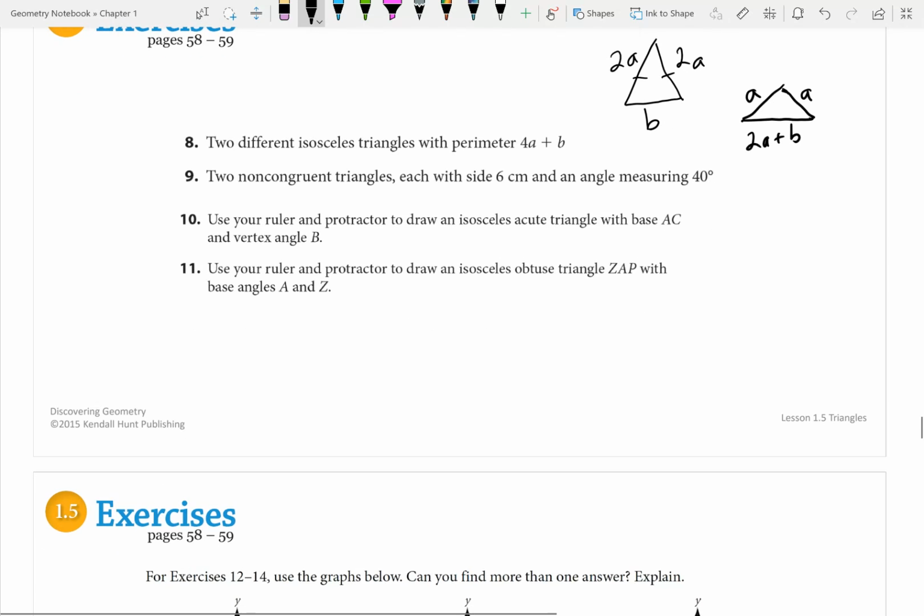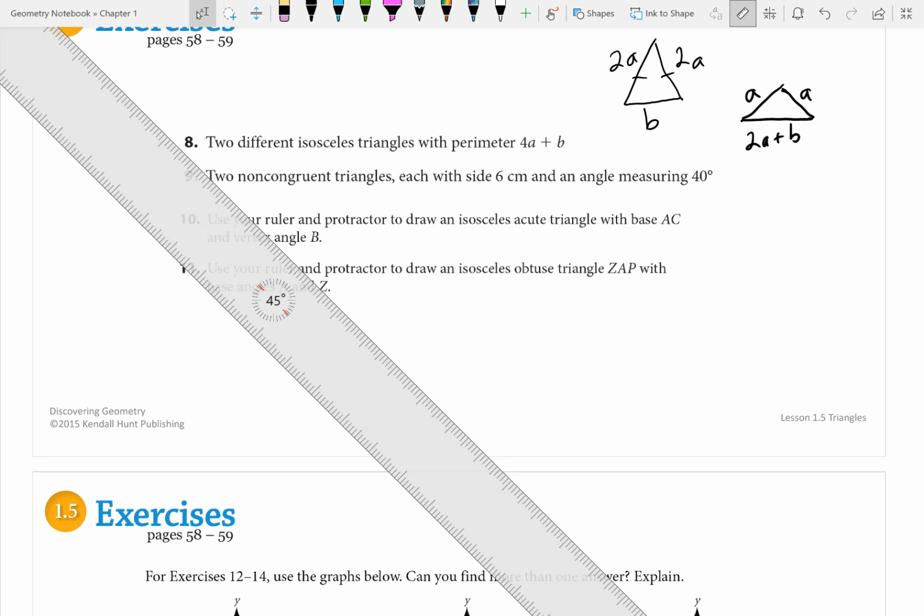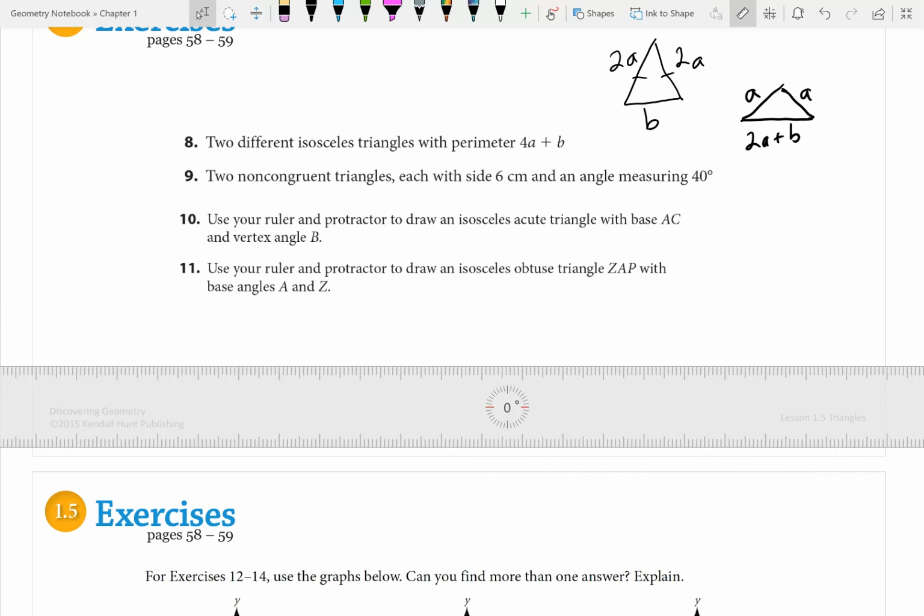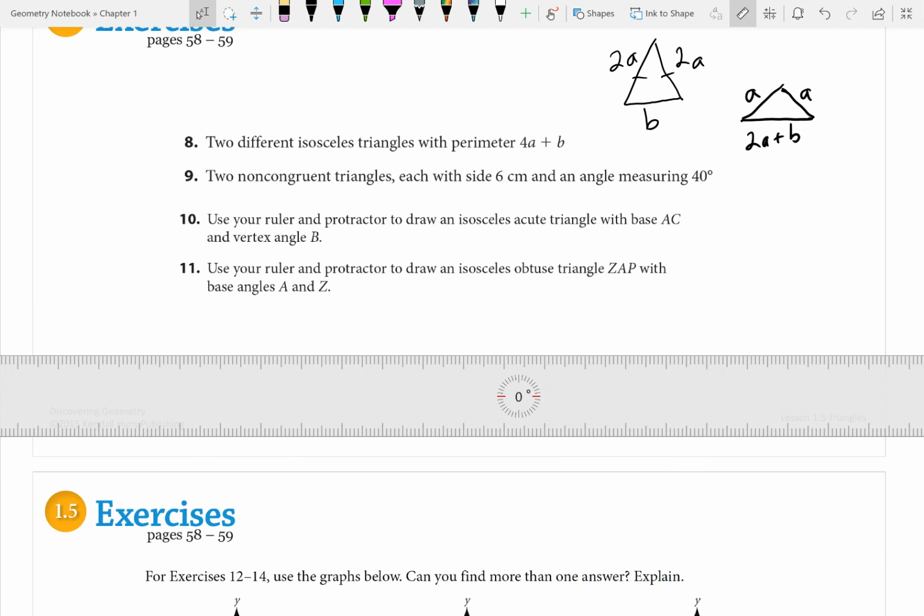Number 11. Use your ruler and protractor to draw isosceles obtuse triangle ZAP with base angles A and Z. Okay, so you are going to use your protractor. And I also have a ruler here. So we'll draw an isosceles obtuse triangle ZAP.